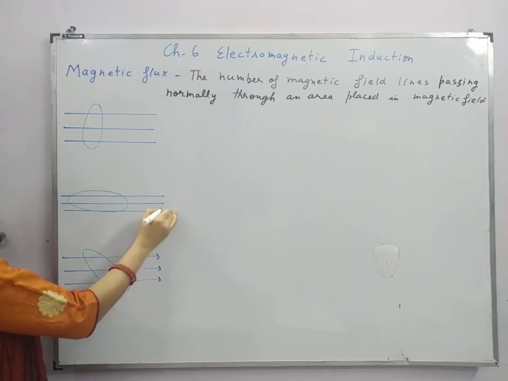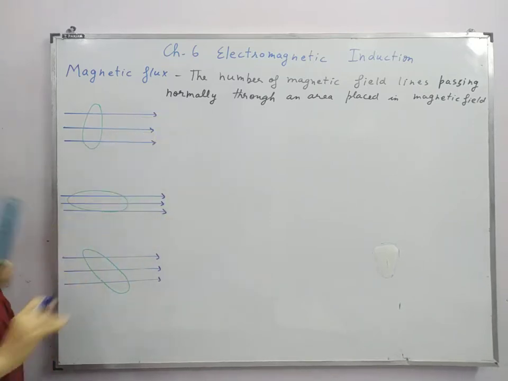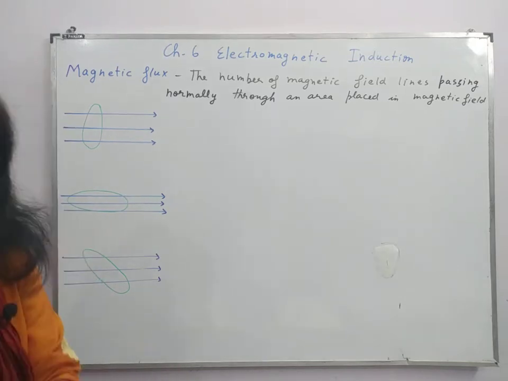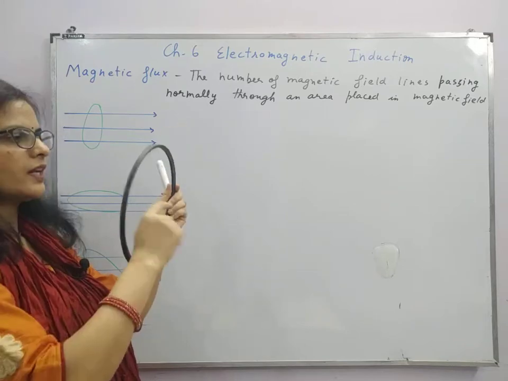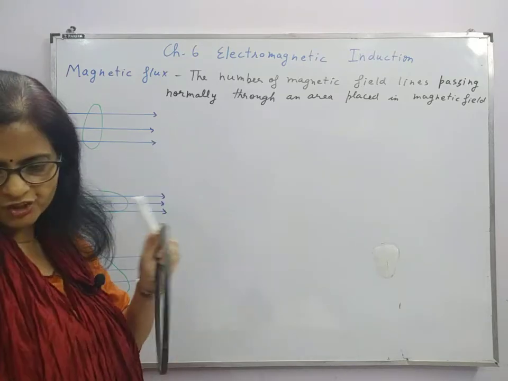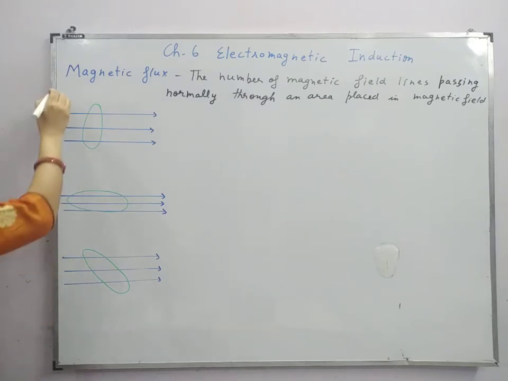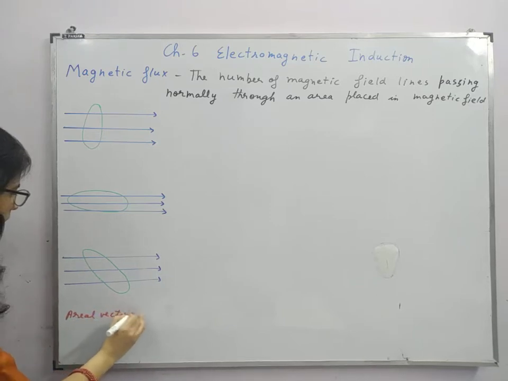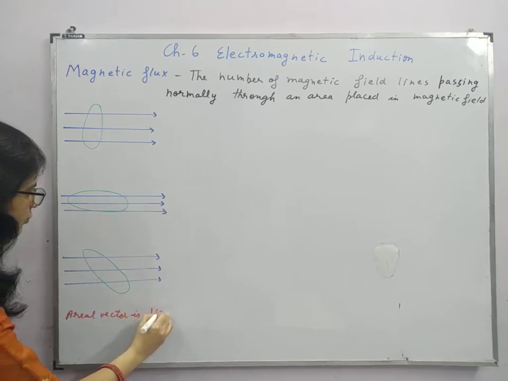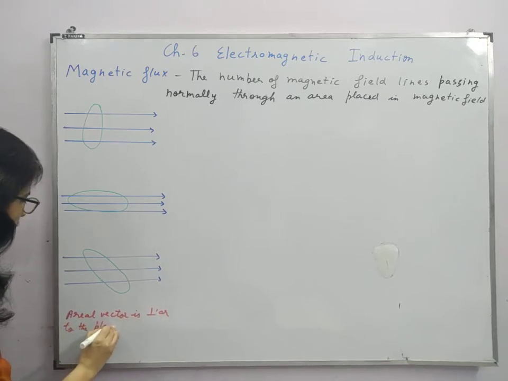We know that the area vector has a direction which is perpendicular to the plane of the area. So if I am talking about this area, then the area vector will have this direction, right? So we'll just mention that the area vector is perpendicular to the plane of area.